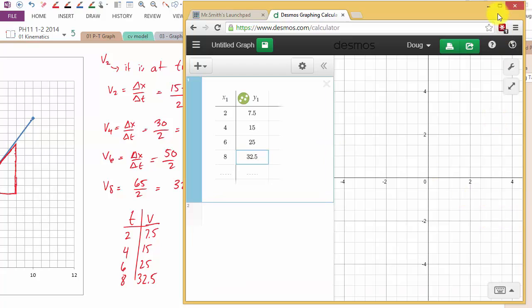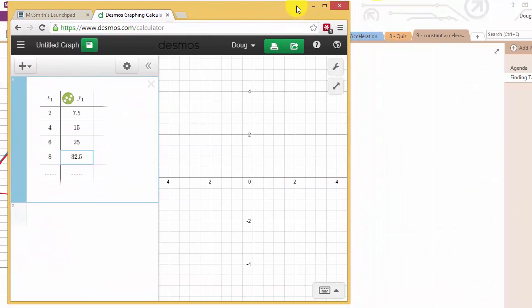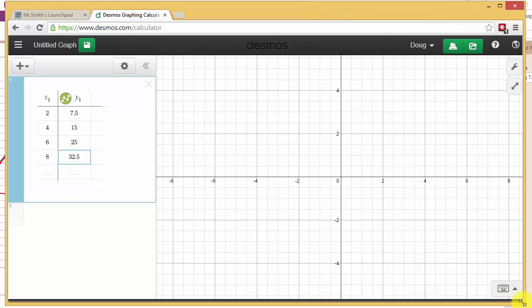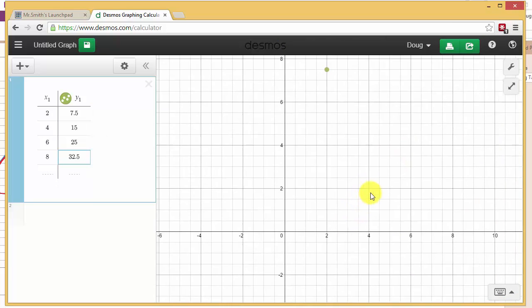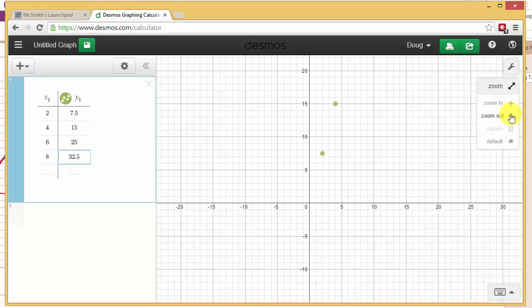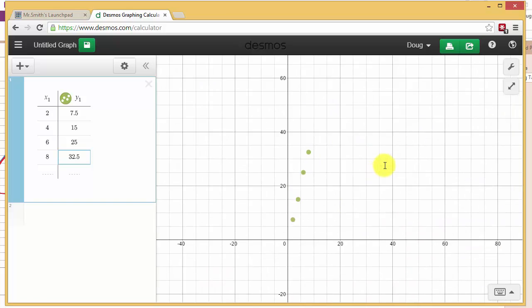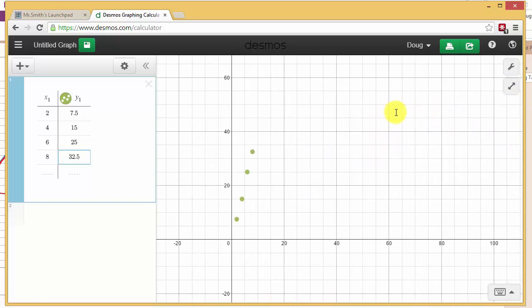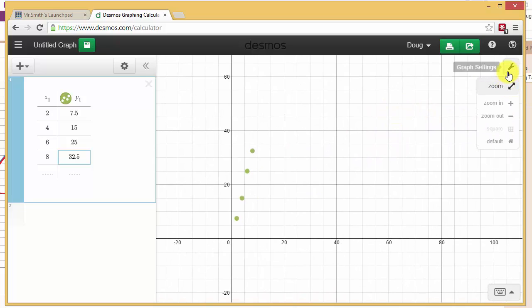So we can now look at this graph. There are my data points. I guess I'm zoomed in too much. There we go. And with this tool we can even change what we're looking at.